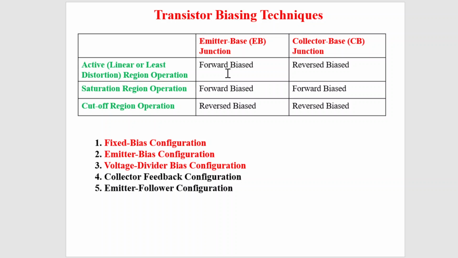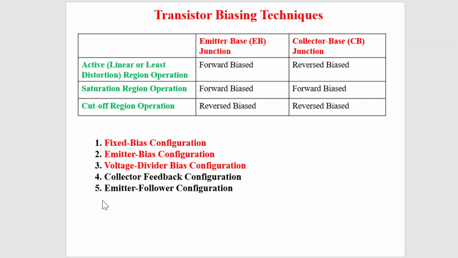And another thing is that rather than using two DC power supplies, can we use one power supply that will reduce the cost of the transistor circuit? So a transistor biasing technique is basically a technique by which one can stabilize the transistor with respect to temperature, and one can use one DC power supply in such a way that the base emitter junction will be in forward bias and the base collector junction will be in reverse bias.